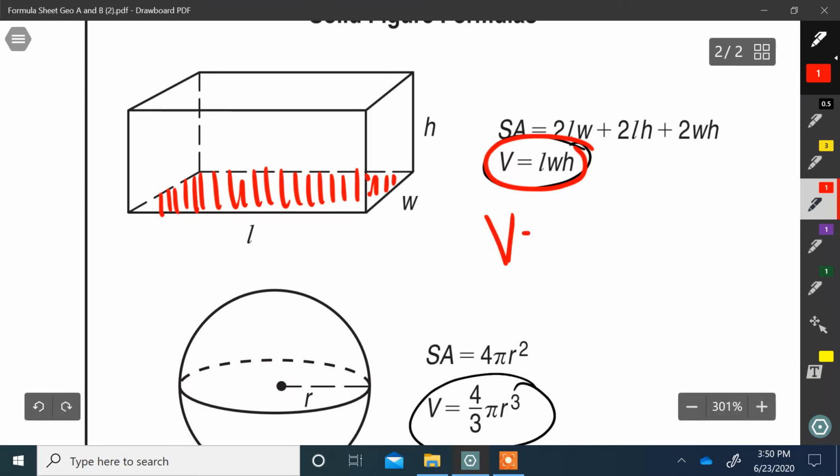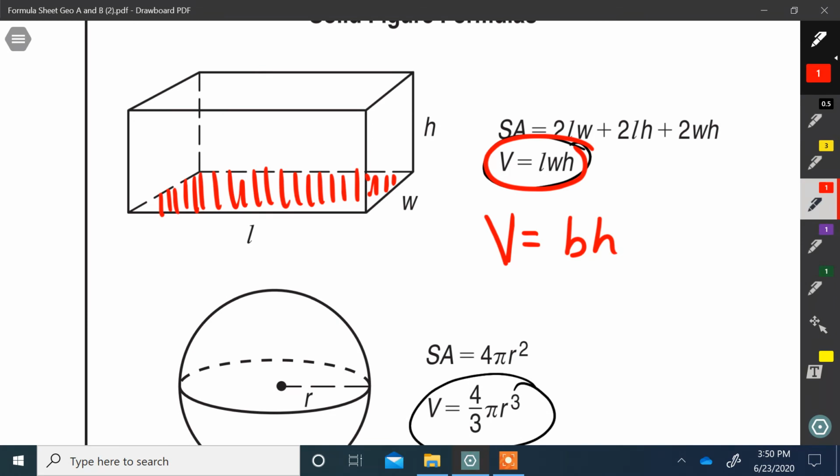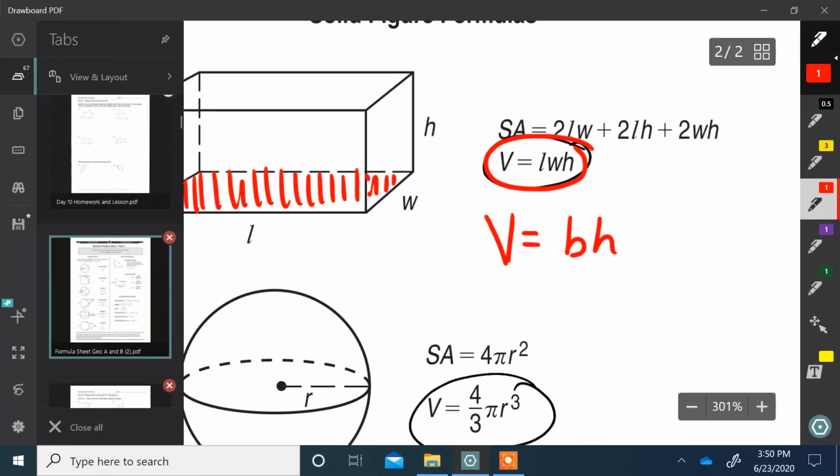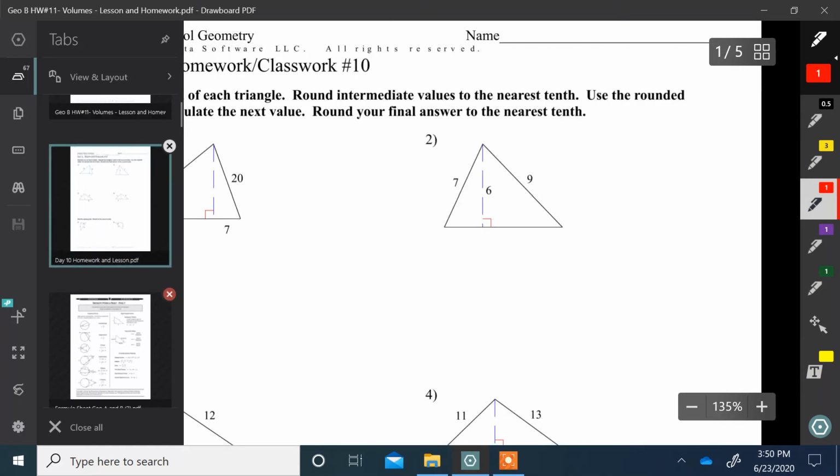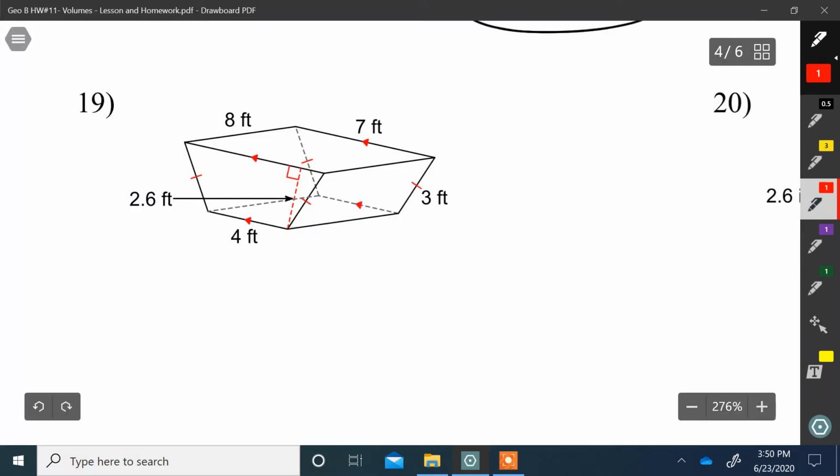So another way to write the volume is base times the height. Let's go back to our worksheet. The volume for a prism like that is base times the height.